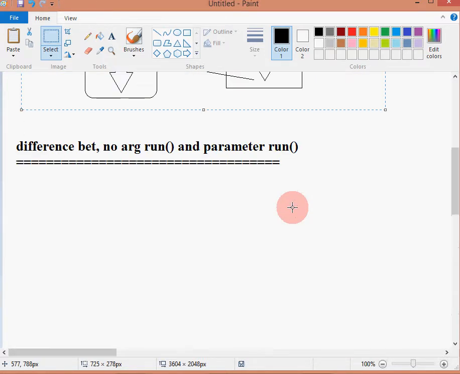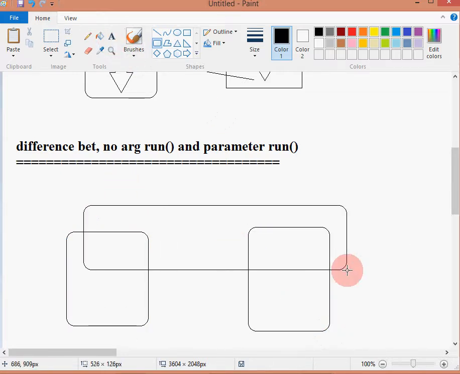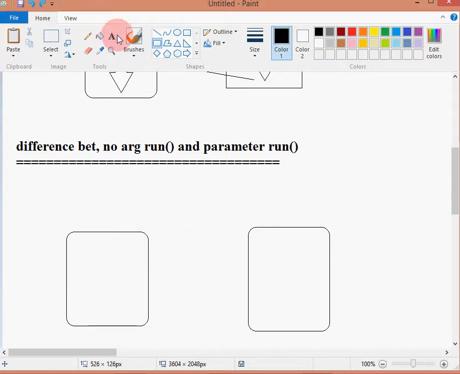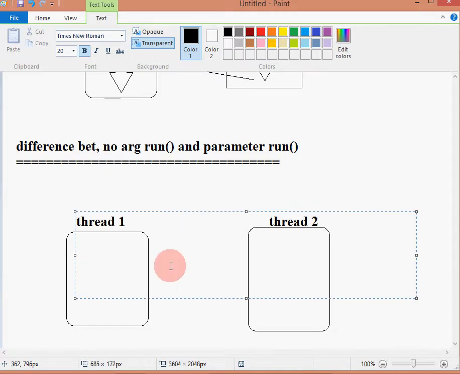Okay, I have to draw it again. Same thing, I have two threads. This is thread one, this is thread two, and here is the run method.